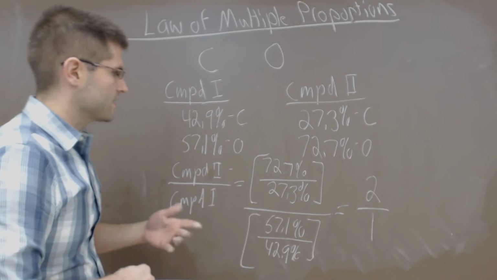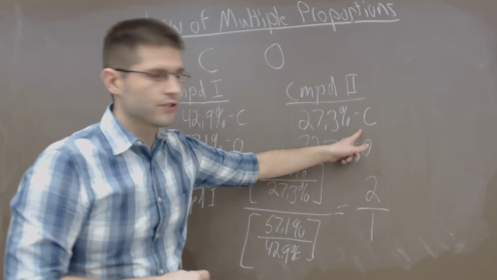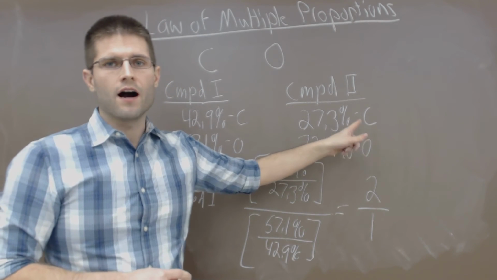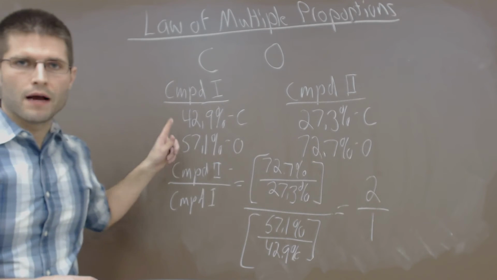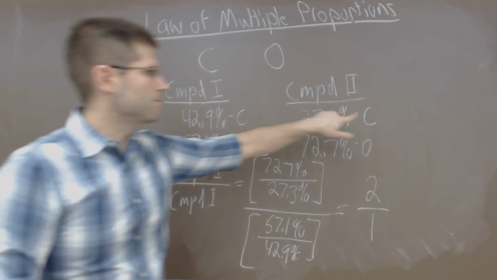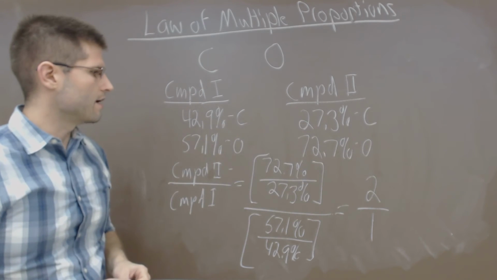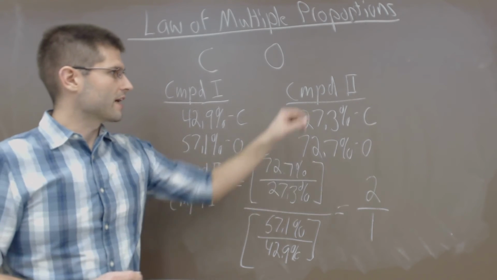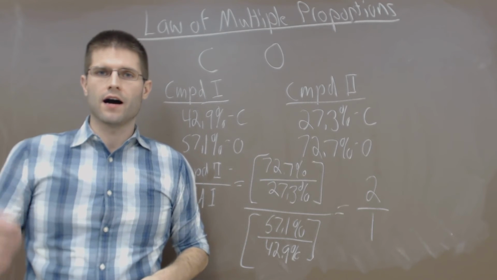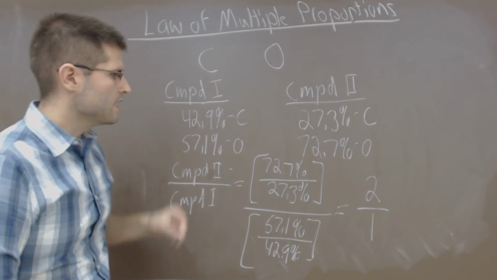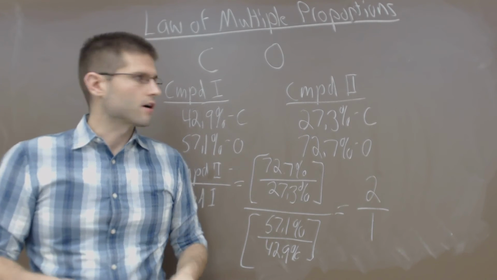In this case, it's going to tell us that for compound 2, there are twice as many oxygens as there are in compound 1. The carbon is bonding differently to the oxygens in compound 2 than it is in compound 1. And we know that compound 2 has twice as many oxygens as compound 1. Now I'm going to show you what these compounds are.